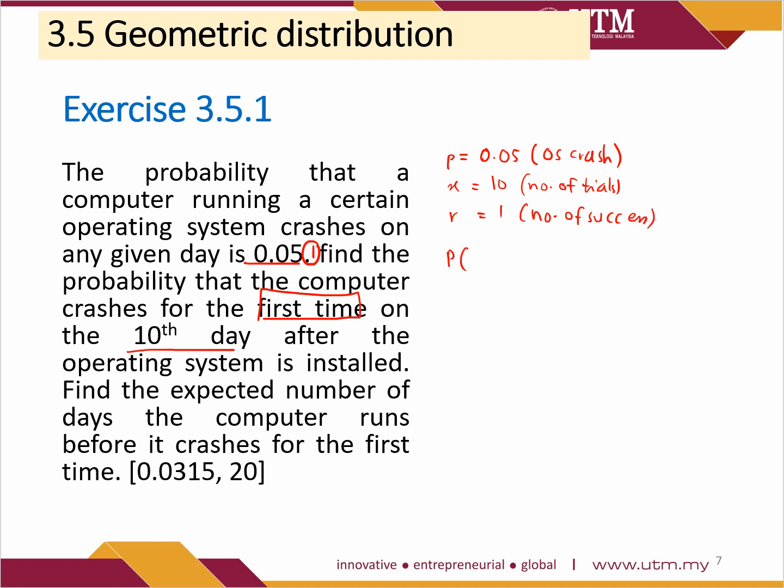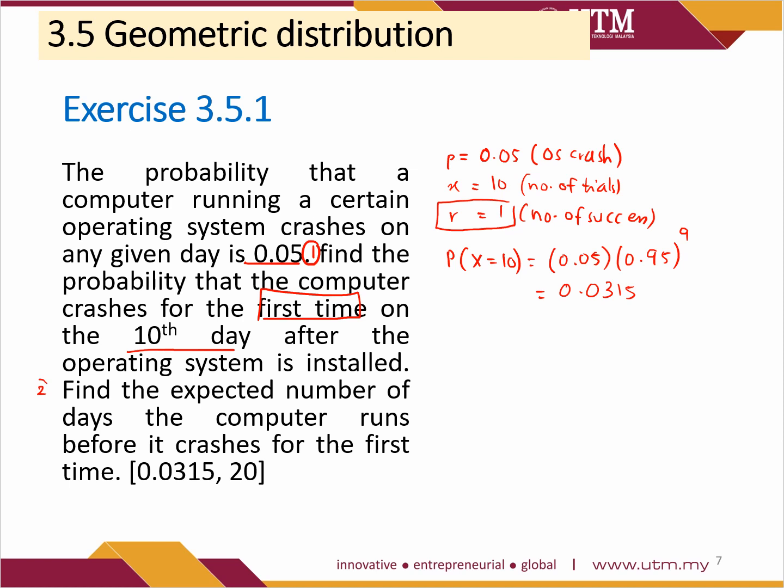So we need to find P(X = 10). For this case, we use the geometric distribution because r equals 1. So p to the power of r times (1 minus p) to the power of x minus r. The answer would be 0.0315. So this is the first question.